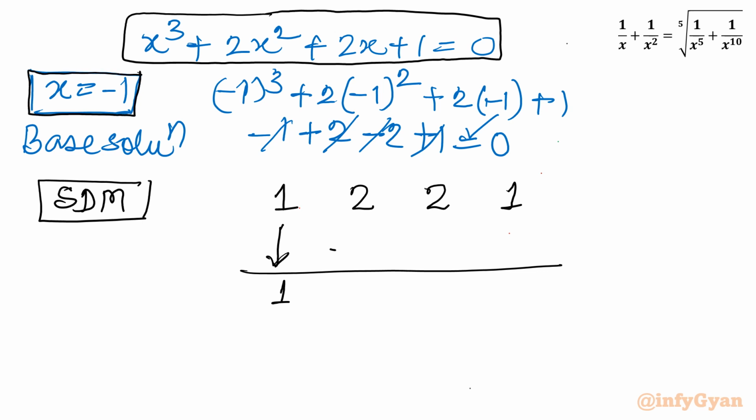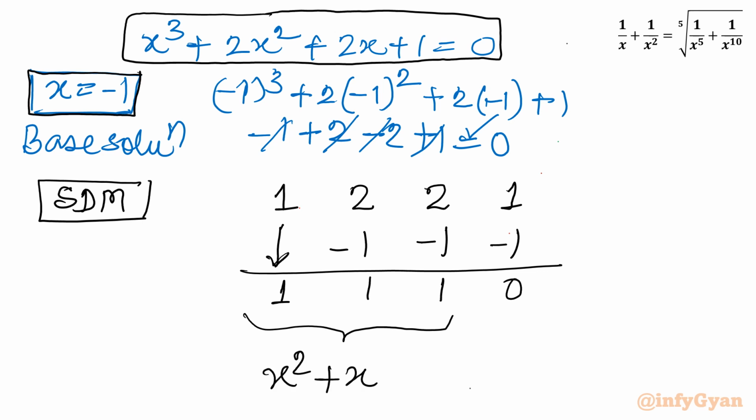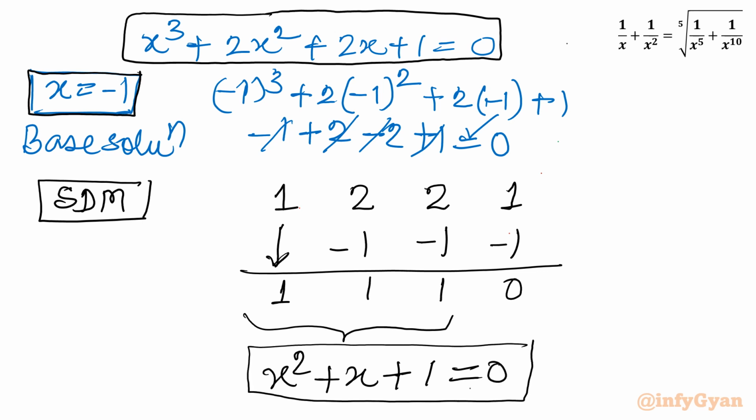Minus 1 times 1, minus 1, 1. Minus 1 times 1, minus 1, 1. Minus 1 times 1, minus 1, 0. So these are the coefficients for the quadratic equation. So let us frame x square plus x plus 1 equal to 0. Now we will solve this quadratic equation to find the remaining two solutions. One solution is confirmed, that is x equal to minus 1.